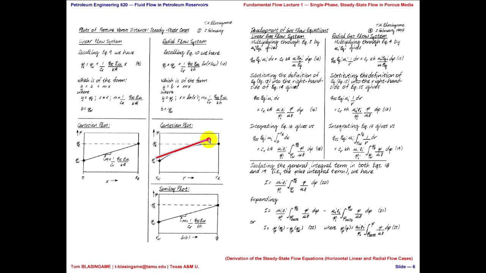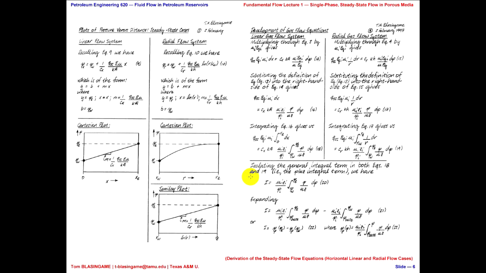It just gets less and less until finally it's really small. I drew this to where it looks like it's 0, but it's not. The highest gradient in the radial flow case is near the well. Where's the highest gradient for the linear flow case? It's constant.